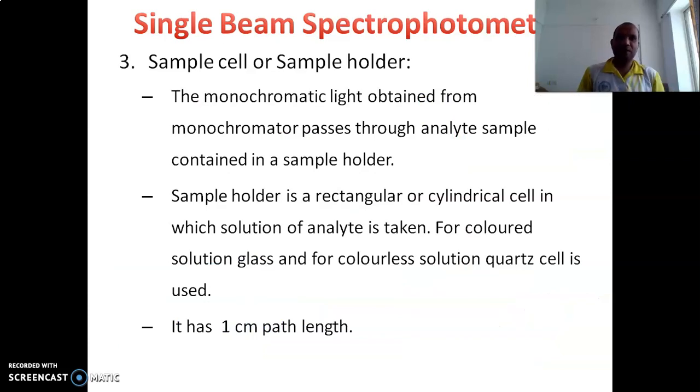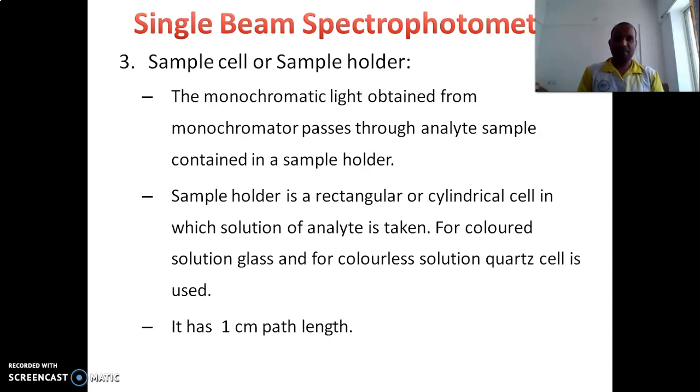Now the sample cell and sample holder is the next component of this single beam UV visible spectrophotometer. It is a device having a thickness of around 1 centimeter, and it is made up of either glass or quartz. It is a sample holder which is either cylindrical or rectangular in nature. In the sample holder we can have a sample or a solution of the analyte in a specific solvent.